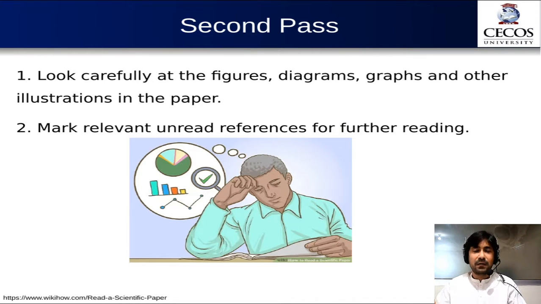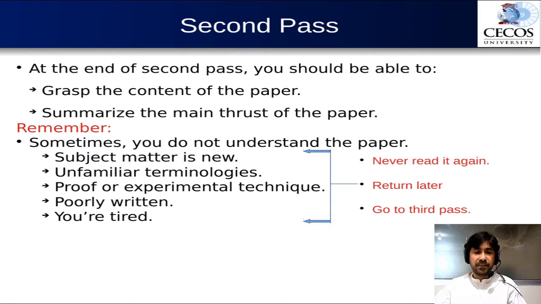So you can mark those references as well. Here you will have to focus on the illustrations given in the paper. At the end of this phase, you would be able to grasp more contents about the paper. You would be able to summarize the main thrust of the paper.